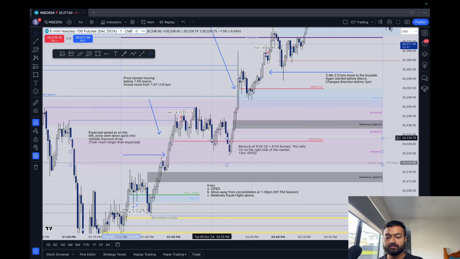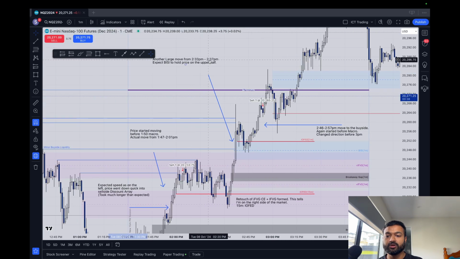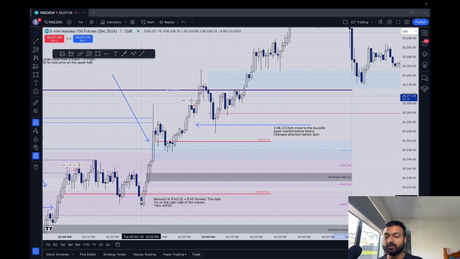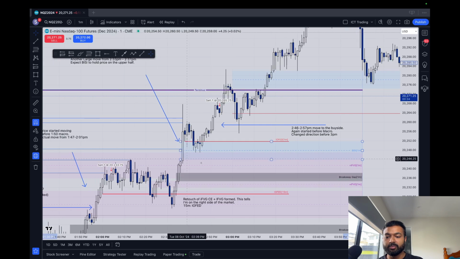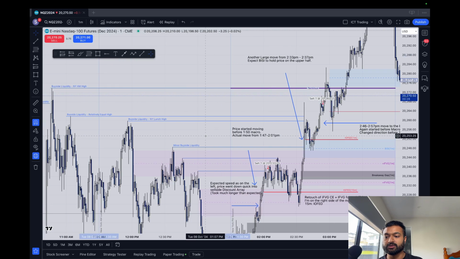2:30 had another run back to the buy side, and that was from 2:33 to 2:37. When that happened, I did expect the upper half of this level to stay open, because we're so close to the terminus, which was these highs.